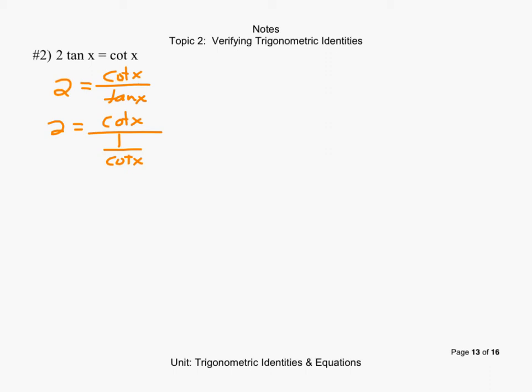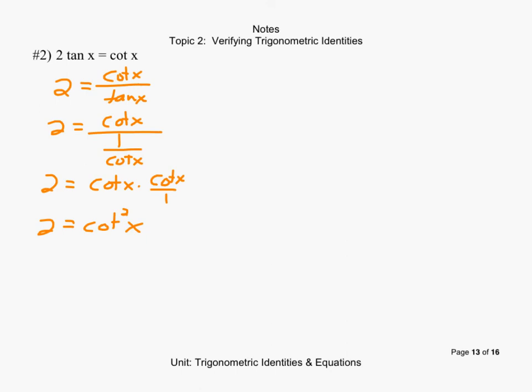You have a complex fraction. Your numerator divided by a fraction is like your numerator times the reciprocal of your denominator. Cotangent of x times cotangent of x divided by 1 is going to be cotangent squared of x. It's not it because it has to just be the trig function by itself.